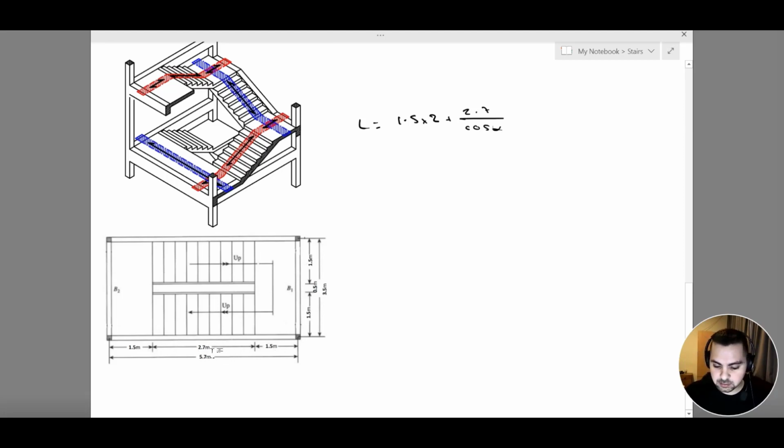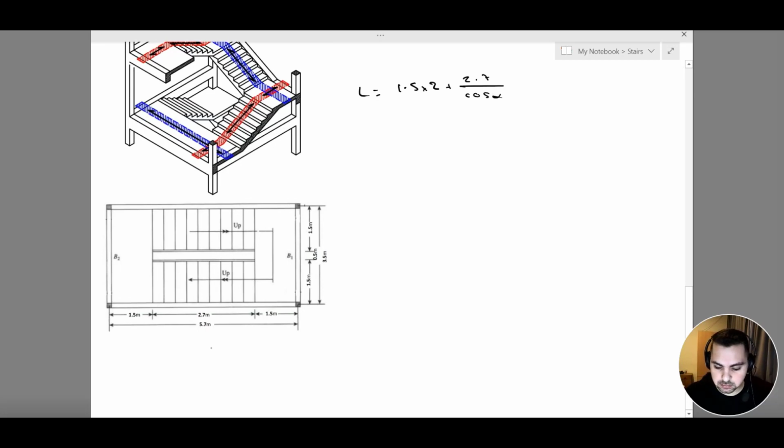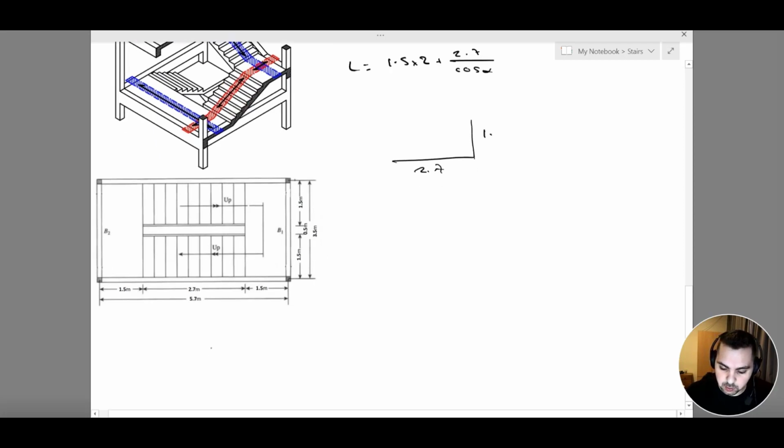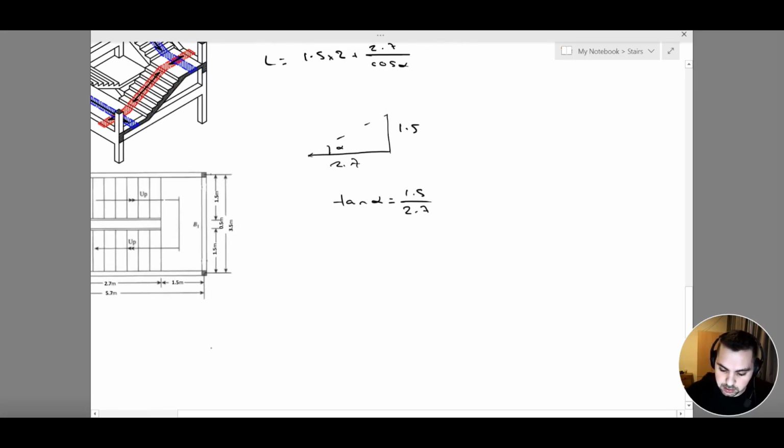To find alpha, we have this as 2.7 from my image, and we have this as 1.5. So tan alpha equals 1.5 over 2.7, which implies alpha equals 30 degrees, which is tan inverse of 1.5 over 2.7.